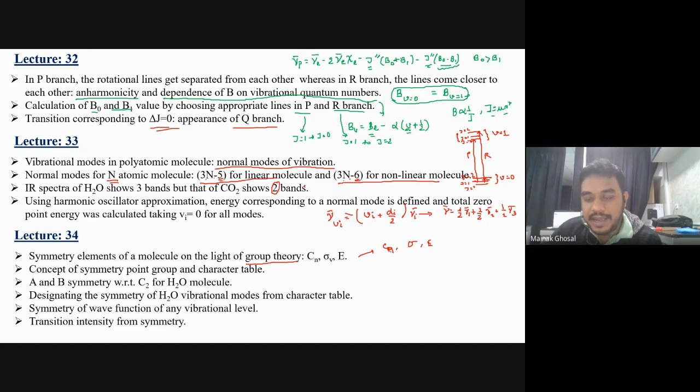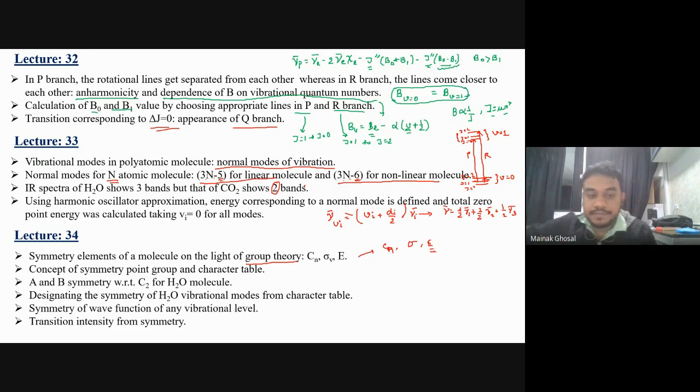If you rotate by 360 by n, it gives you the identical conformation. Sigma means a plane that bisects an atom or something, and the two sides of this plane will be identical. And E is the identity element, which every molecule will have.